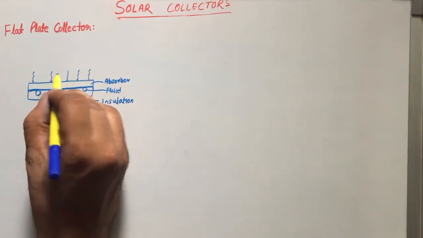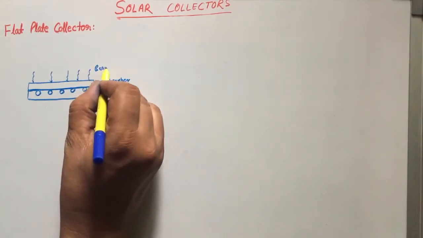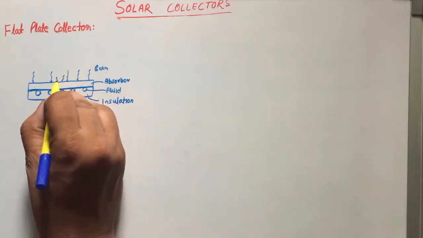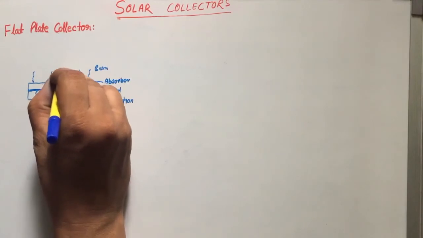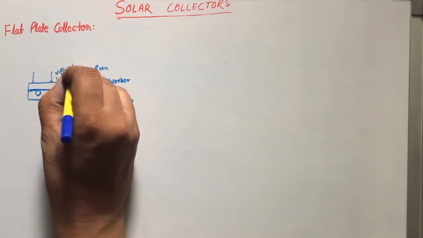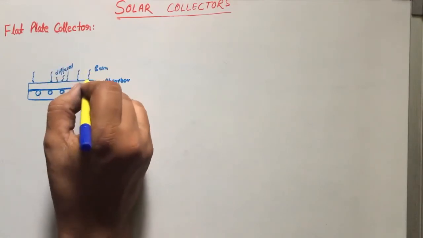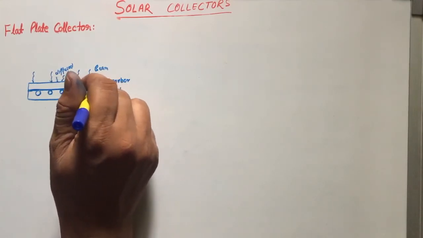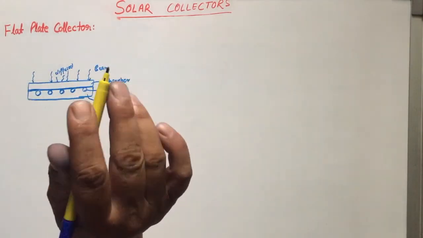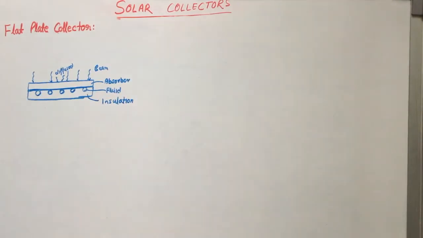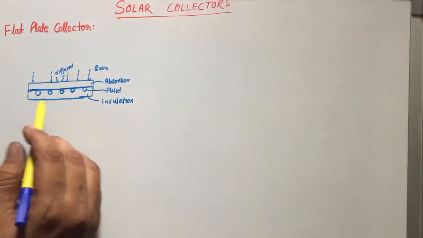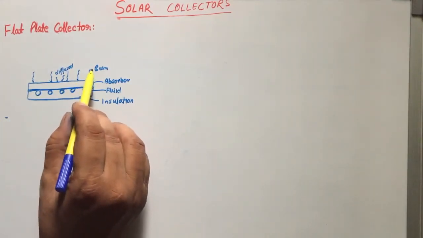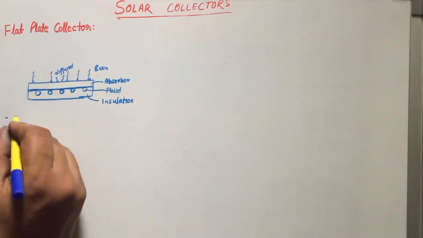These are beam radiations. There is a possibility of diffused radiations as well. So in this case, both direct and diffused radiations can be absorbed by the absorber. If we try to write a few points regarding this, we can say it absorbs both beam and diffused radiations.